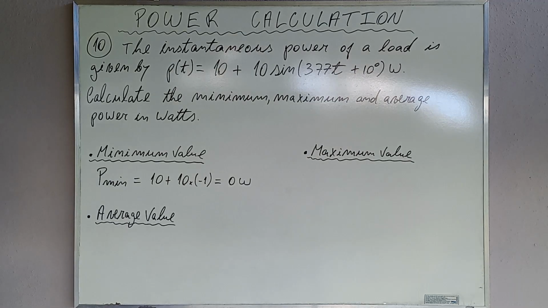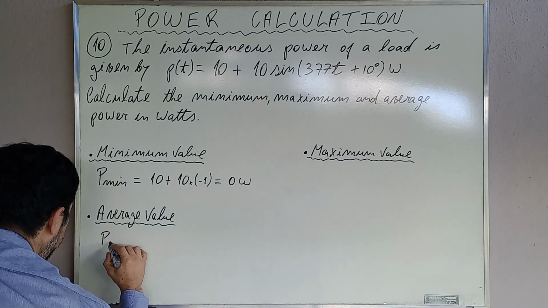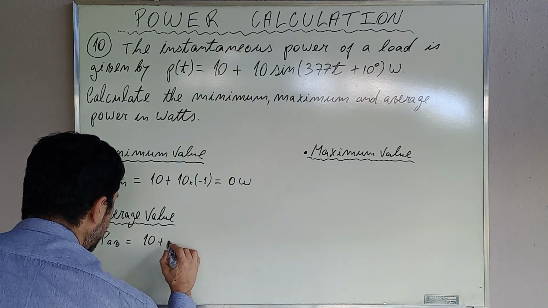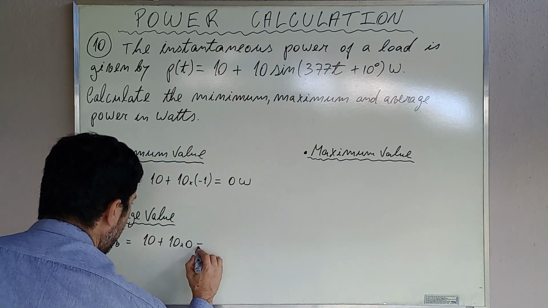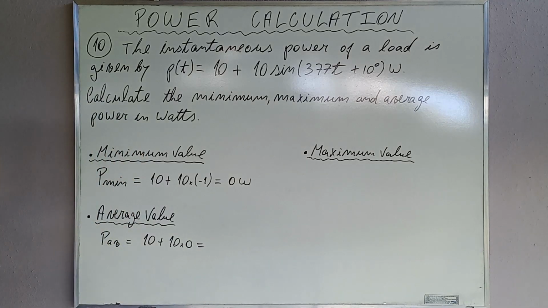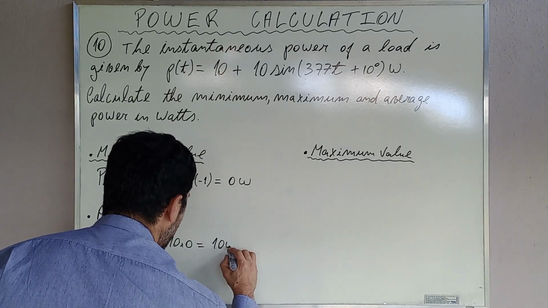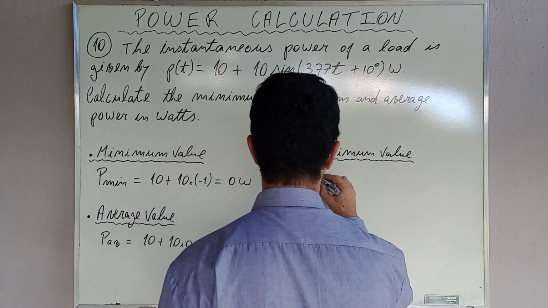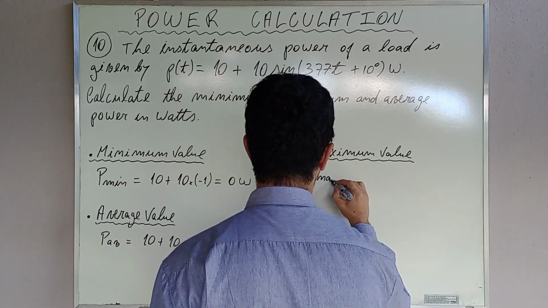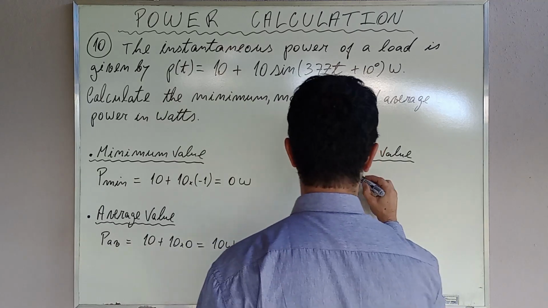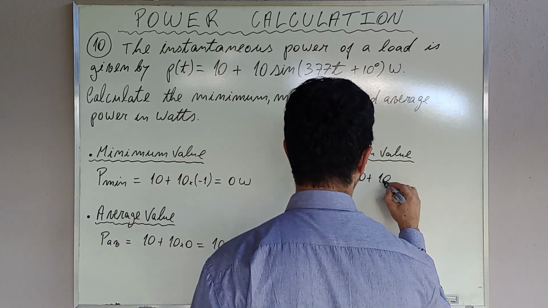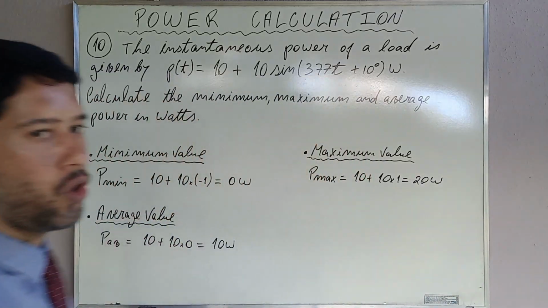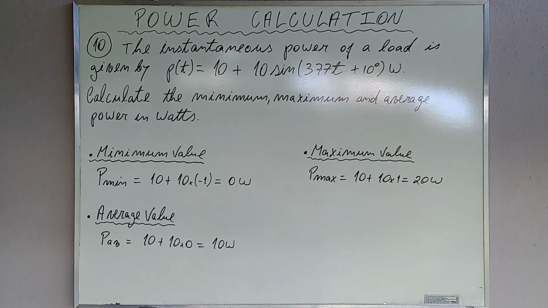The average value will be P average is equal to 10 plus 10 times 0, which is equal to 10 watts. And the maximum value is P max is equal to 10 plus 10 times 1, which is equal to 20 watts.